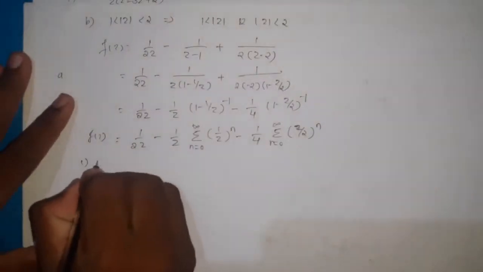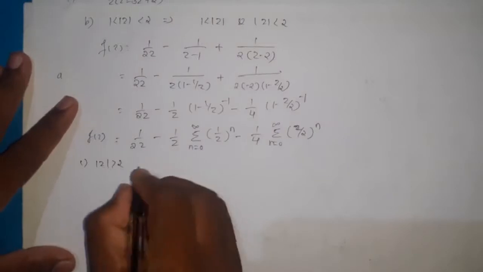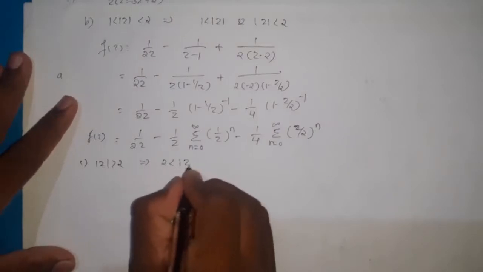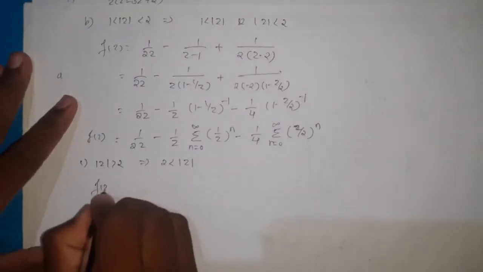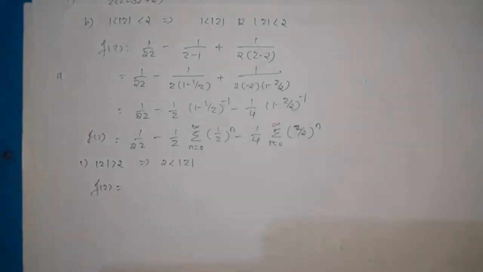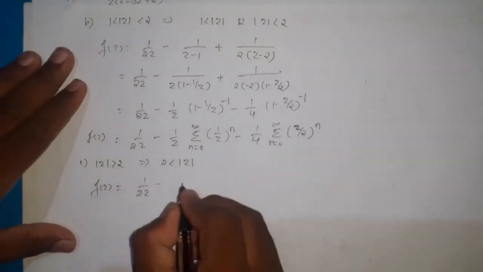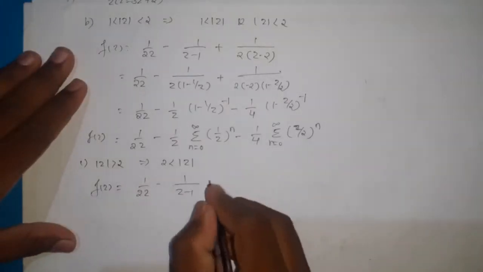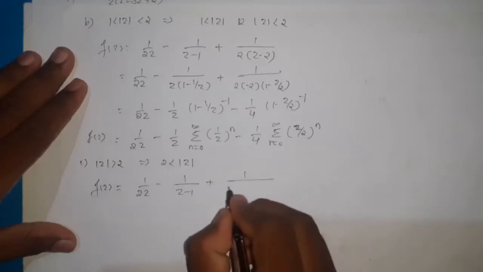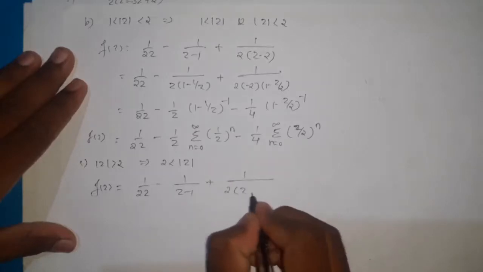And for the third region, that is C, mod z greater than 2, or it implies that 2 less than mod z. So therefore here we need to take that z common from each factor. So it is 1 by 2z minus 1 by (z minus 1) plus 1 by 2 into (z minus 2).